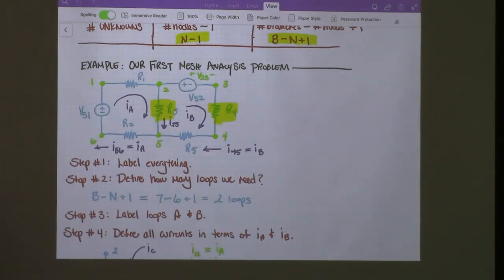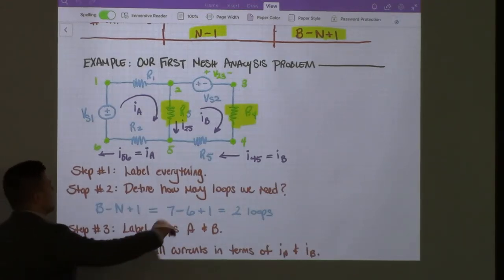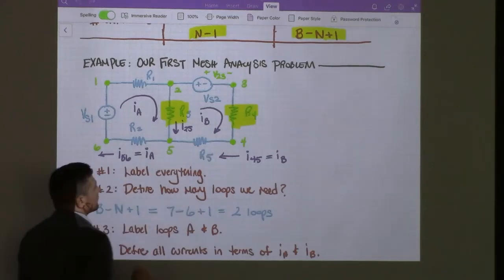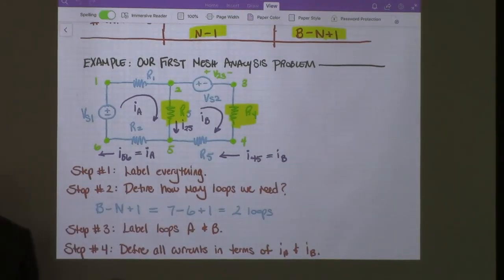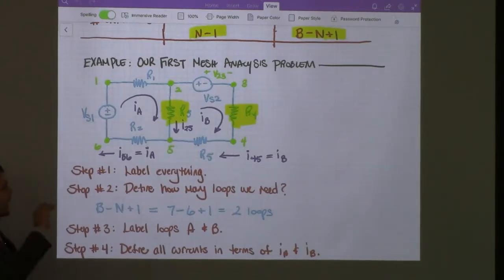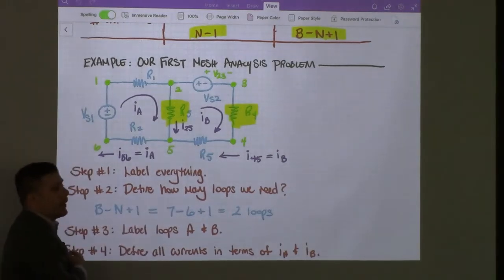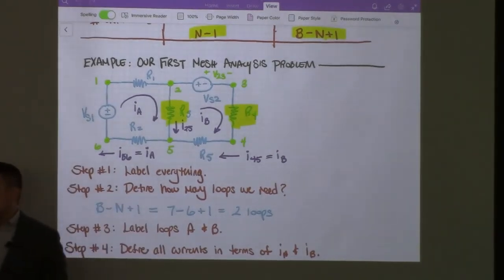The main takeaways here: when we're defining a mesh analysis problem, we have to define these loops. There's lots of different ways that we can define them. These are not the only two that exist. We could have IA, where it is shown, and IB circling the whole exterior of the circuit.